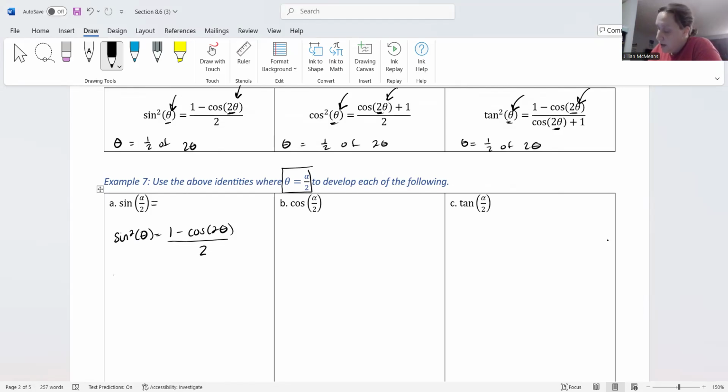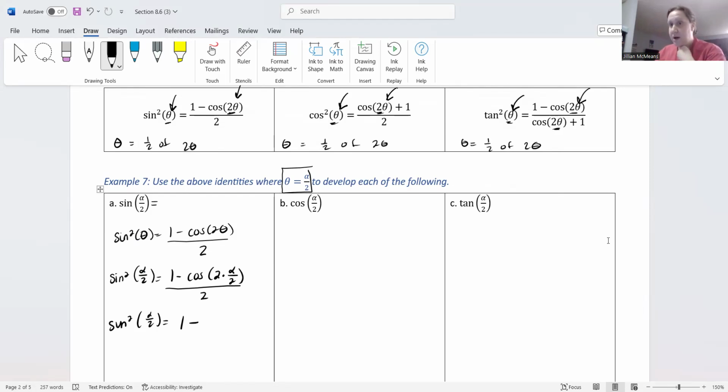So I get sine squared, where theta is alpha over 2, equals 1 minus cosine of 2 times theta, which is alpha over 2, all over 2. So sine squared of alpha over 2 equals 1 minus cosine of 2 times alpha over 2.